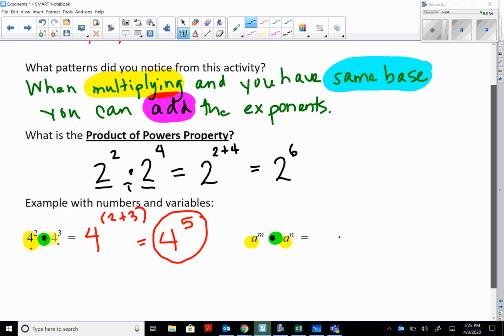So my base would be a, because that's my base in the expression. And then my exponent would be m plus n. Since I don't know the value of m or n, I'm just going to leave it like that. a to the power of m plus n. There's nothing else I can do because I don't have any numbers to substitute in for my variables. So I just leave it like that, and that is in simplest terms.